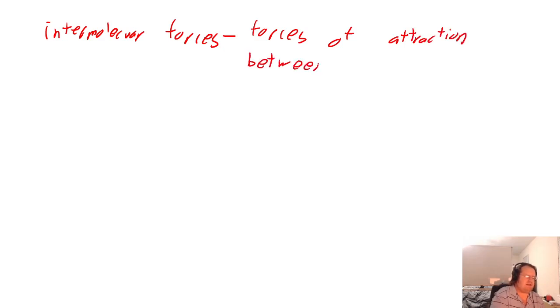Previously in chemistry, we focused on forces inside a single molecule, things like covalent bonds. A water molecule has two covalent bonds, and those were intramolecular forces. What we're going to worry about in this chapter is now the intermolecular forces.